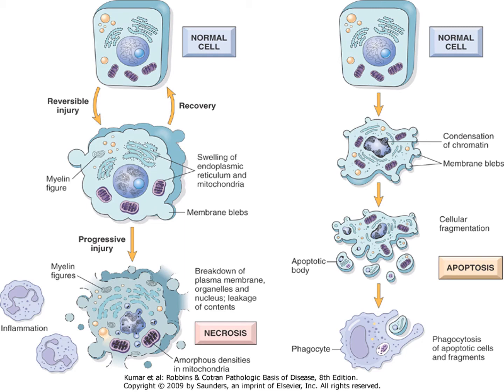It will not rupture, and the contents of the cell will stay inside the apoptotic bodies, and there is no leak of any content to the outside, like in the case of necrosis. So these are the apoptotic bodies here.